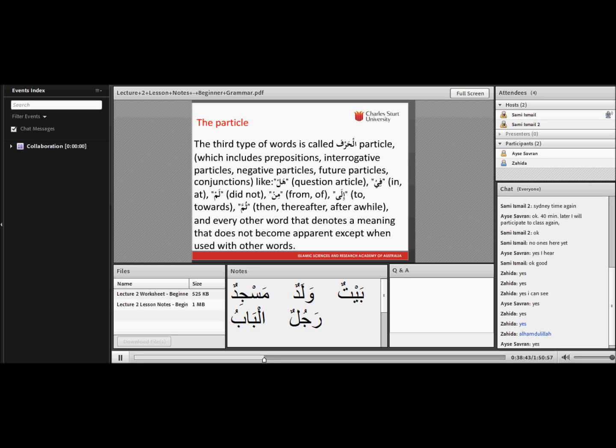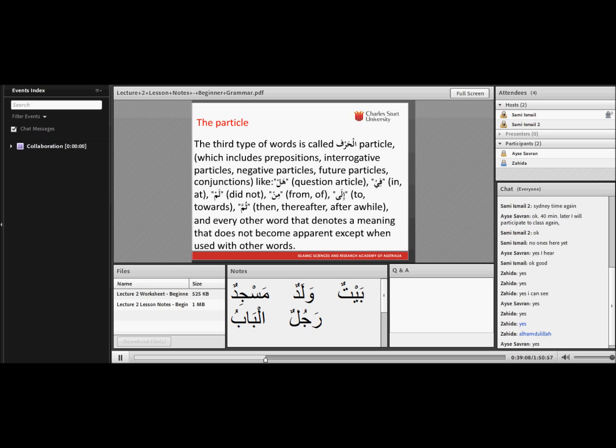Like for example, hal, the question particle, fi, in or at, lam, did not, min, from or of, ila means to or towards, and thumma meaning then or thereafter. And every other word that denotes a meaning that does not become apparent except when used with other words.